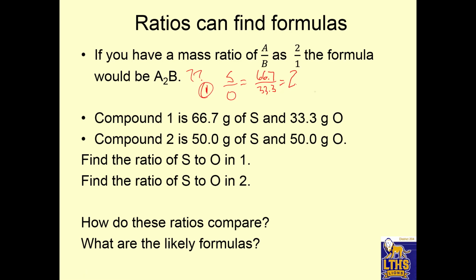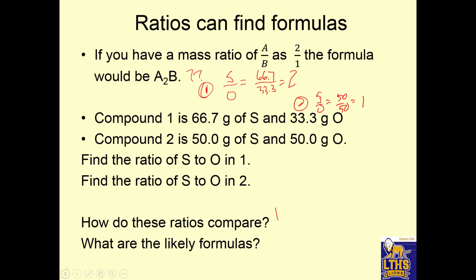Compound 2 is going to be S over O again, which is 50 over 50, which is going to be 1. How do these ratios compare?